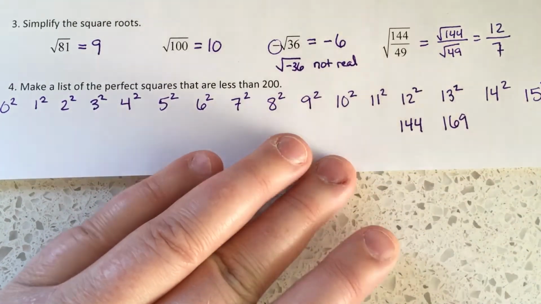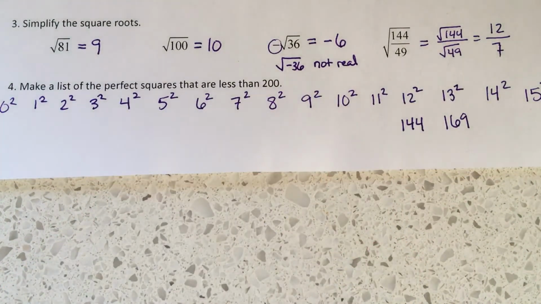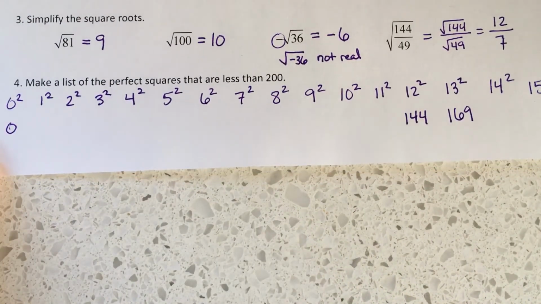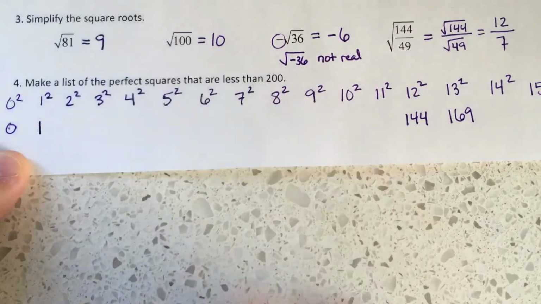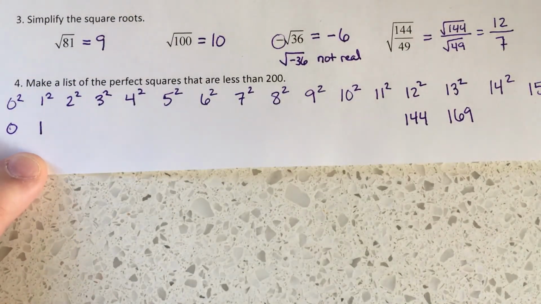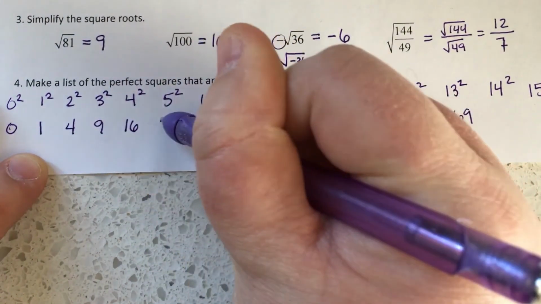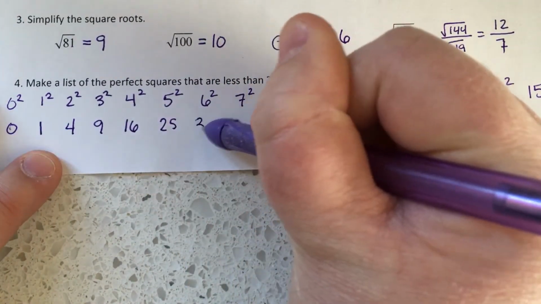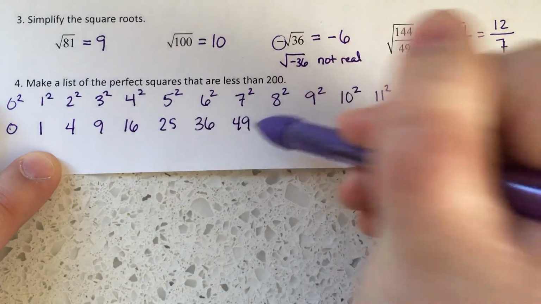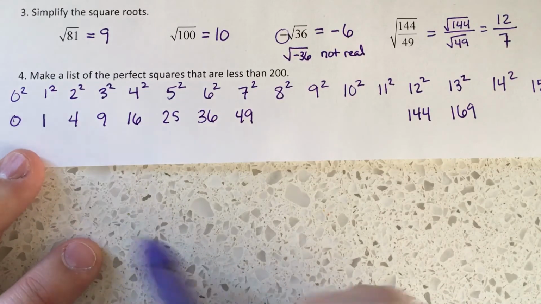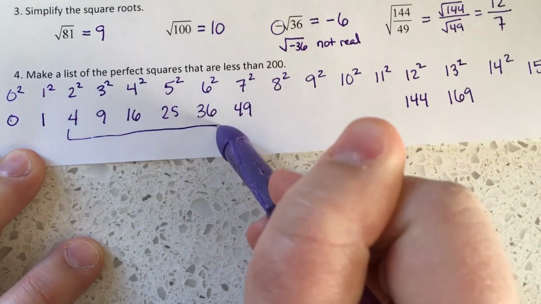So let's make this list because these are the values that we should have memorized. To start with, 0 squared is just 0. But what that means is you can take the square root of 0. It's just 0. Similarly, you can take the square root of 1. It's just 1. These others are numbers that we need to really have memorized because when we start doing more difficult square roots, we're going to need to look for these numbers as factors.